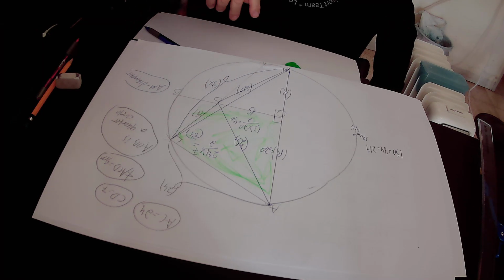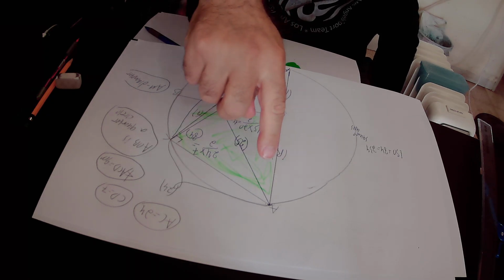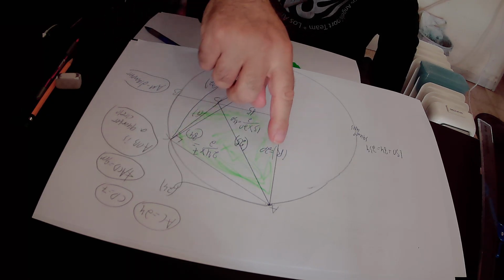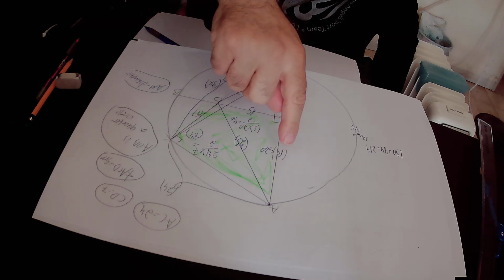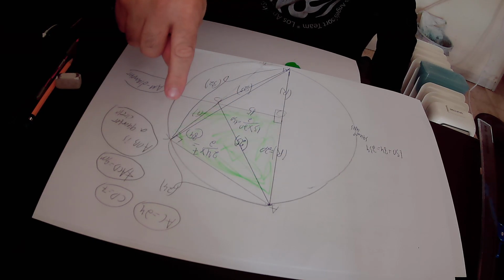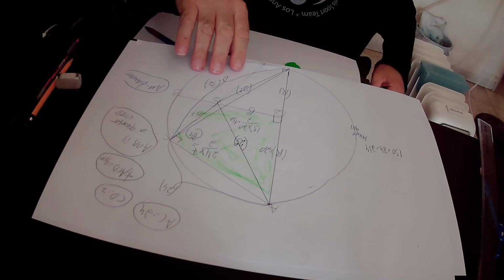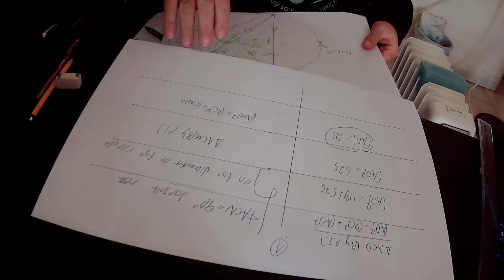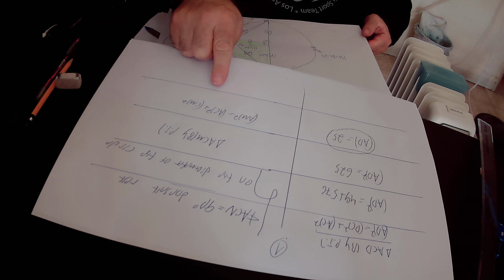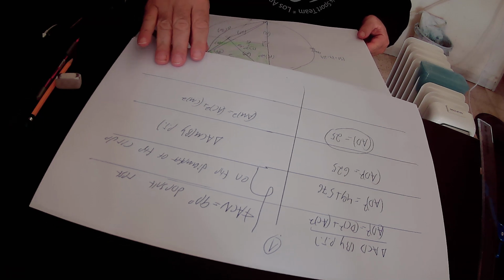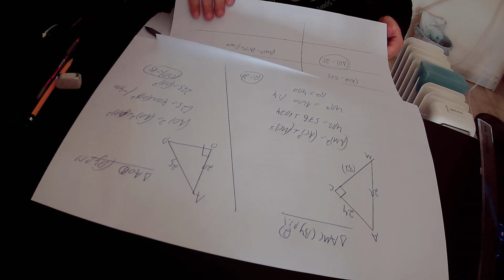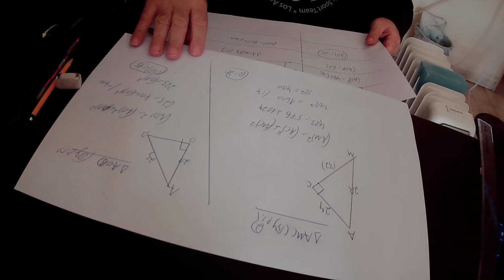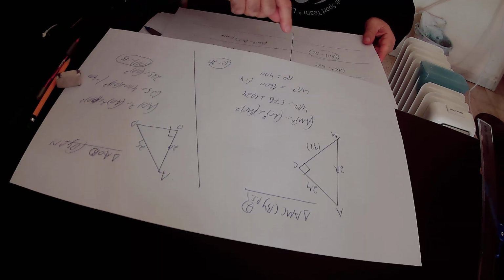Then we implement the Pythagoras theorem on the big right triangle ACM. According to the Pythagoras theorem, the square of the hypotenuse, AM square, must be equal to AC square plus MC square. So this is the right triangle AMC, covered from the original drawing.